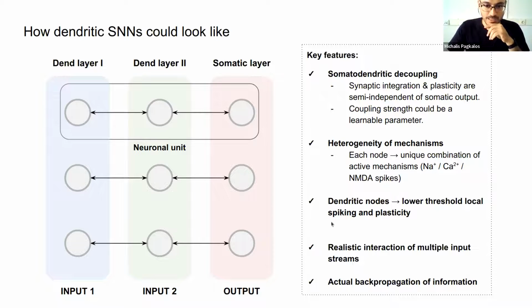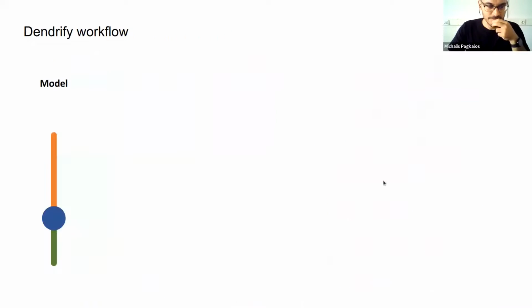And lastly, you can have actual backpropagation of information happening within a single neuronal unit, since after the somatic activation, the dendritic nodes can also fire some dendritic spikes. Thus, the information can backpropagate from the somatic layer to dendritic layers.